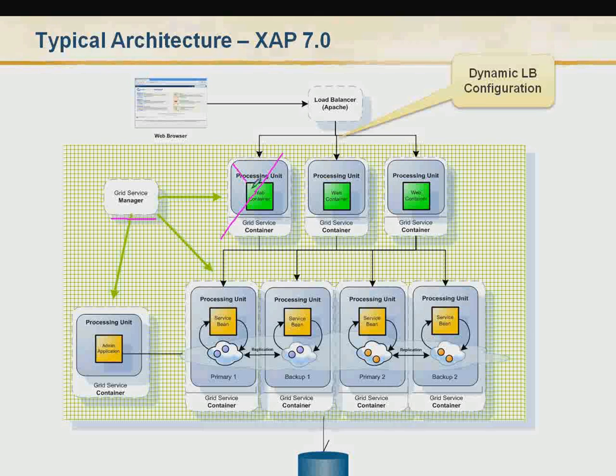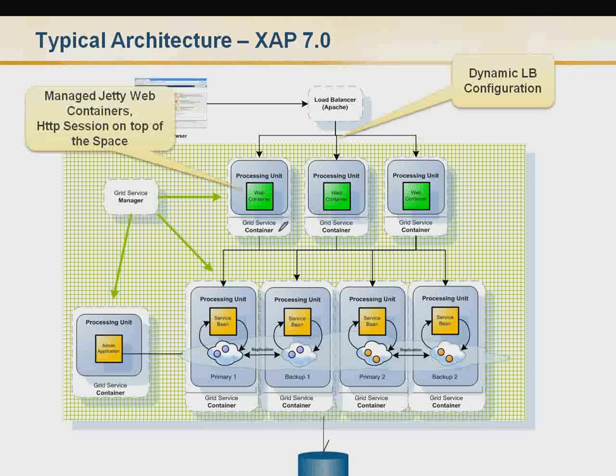So if something goes wrong, if a certain web container, for example, fails, then the system can dynamically respond to that and redeploy the failed instance on another container available on the network. That means that in terms of the load balancer, the configuration can change at any point in time. This requires dynamically configuring the load balancer, and this is something that is supported out of the box with GigaSpaces.